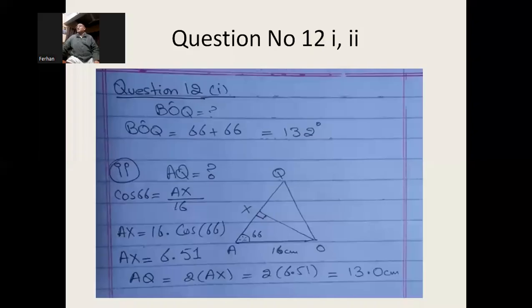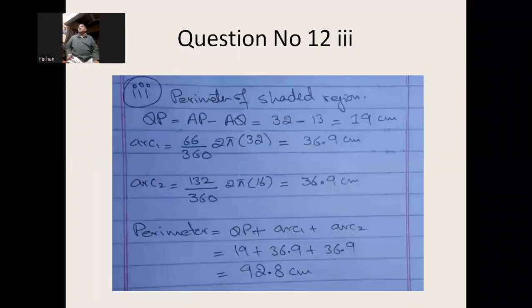So let me show you. For the perimeter of the shaded region, first of all, I will find the QP. The QP side will be equal to AP minus AQ, that is 32 minus 13, and that will be 19 centimeter. That straight line QP is included in the perimeter.